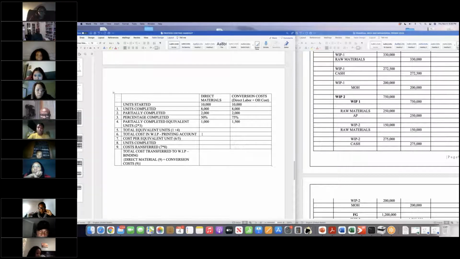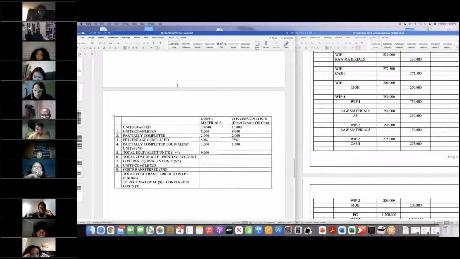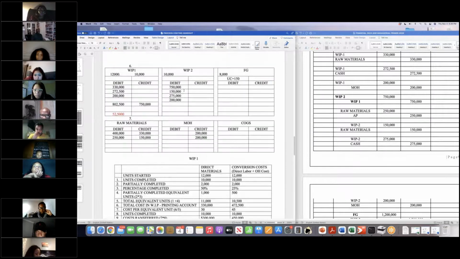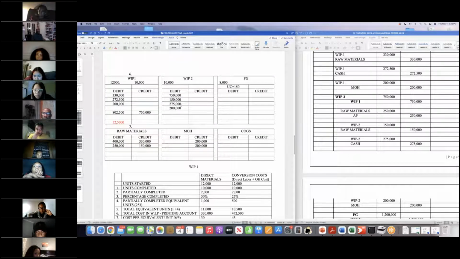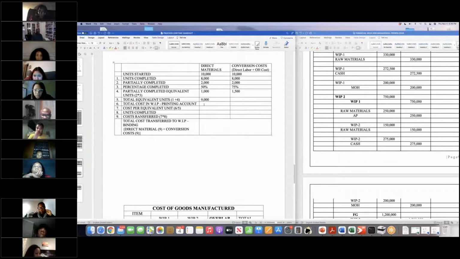Wait a minute, excuse me, total cost. Look at the total equivalent units first, 9,000, right? Yes. Then the total cost is going to be both these top two numbers, 900,000.